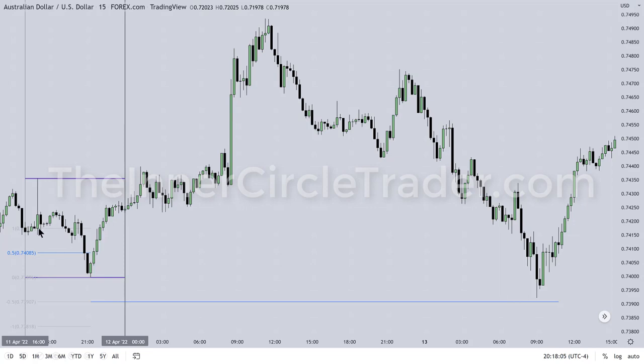Then I'm dropping the fib from that to that, so it gives me the 50 levels. The only reason I'm doing it that way, and it may be confusing, is I want smaller standard deviations instead of what would otherwise be from here to here. From here to here, that's 50, so it gives me smaller increments of standard deviation.